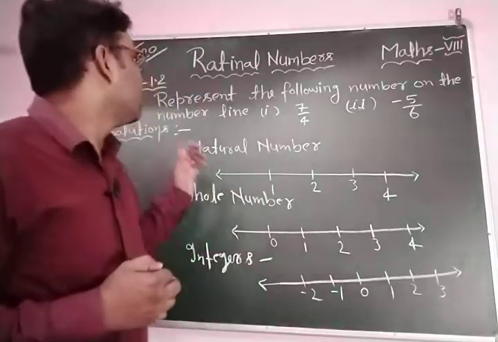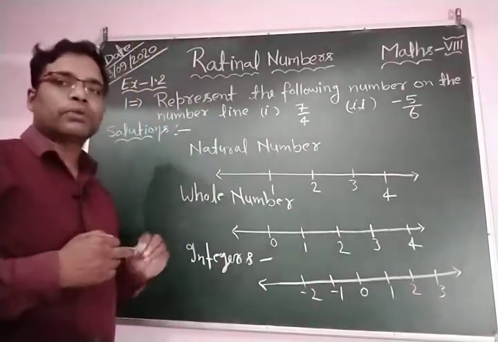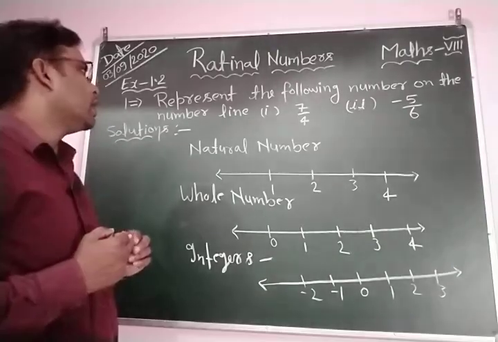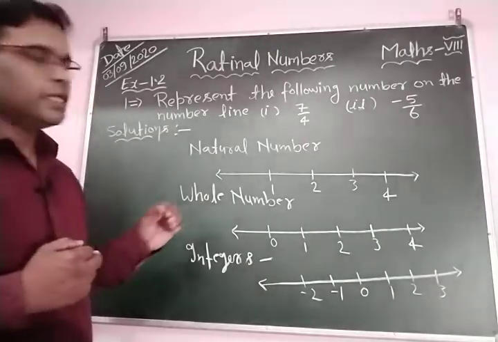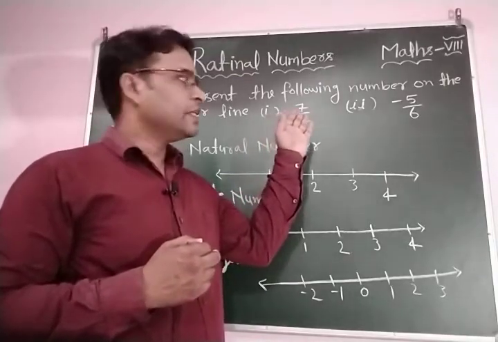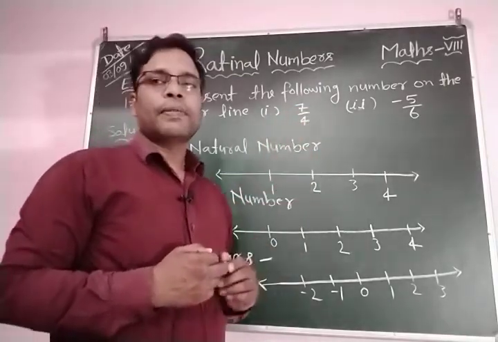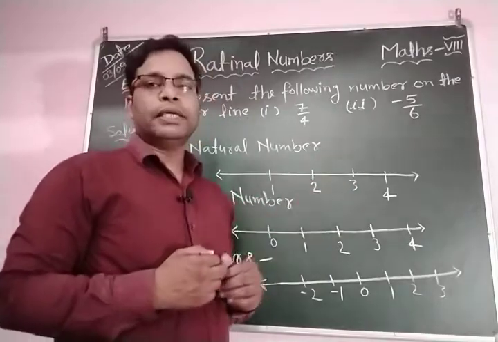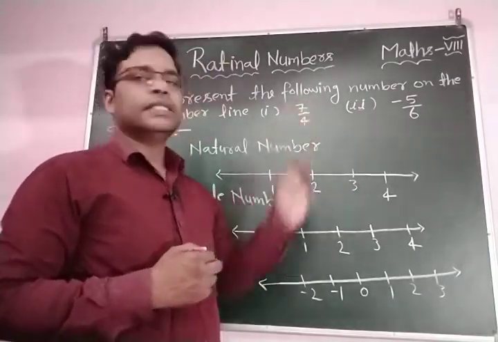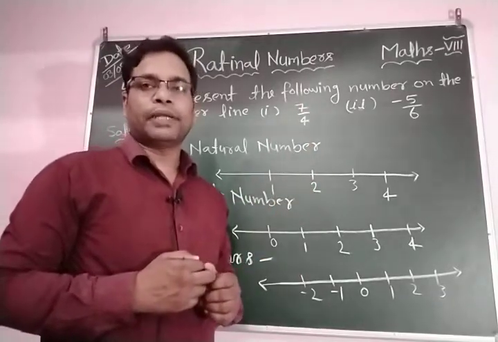In exercise 1.2, question number 1 is given: represent the following numbers on the number line. The numbers given here are 7 by 4 and minus 5 by 6. In such questions, 7 by 4 is an improper fraction.